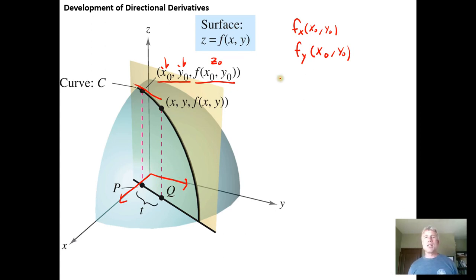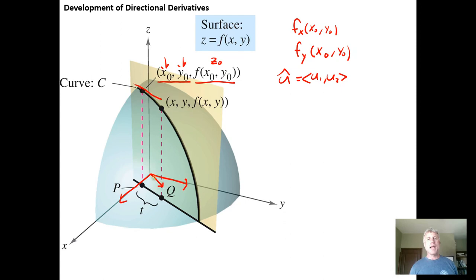So let's let u hat be a unit vector, a vector of length 1 that's in the direction you wish to know the slope of the tangent line at a given point. So let's say u hat sits right here.